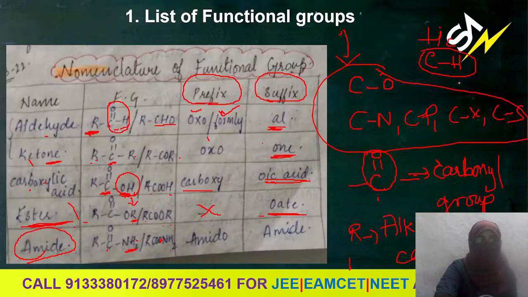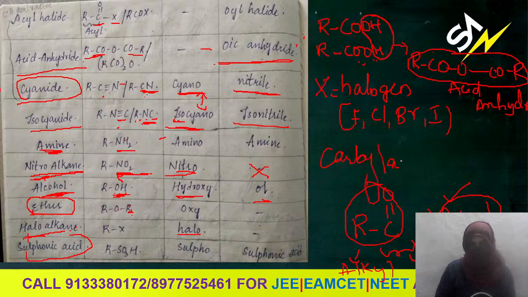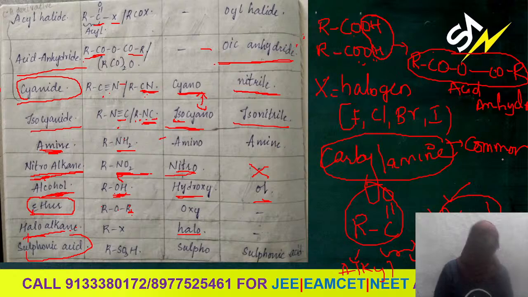I'm teaching you IUPAC nomenclature here. IUPAC nomenclature says that for isocyanide you should use isonitrile. You can use carbylamine, but carbylamine is the common name. Very good question. It should not be included in IUPAC. Okay, hope it is clear.